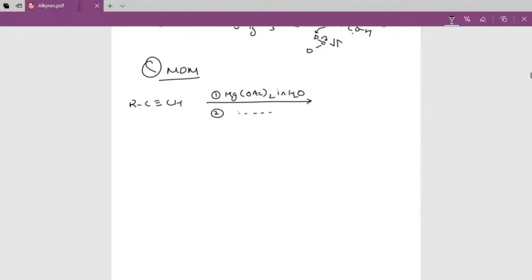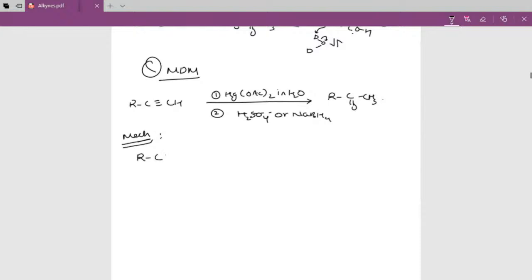If they don't give, then also, it may or may not be there. So come to this point. Let me start with its mechanism. Please remember that NaBH4 is not compulsory for alkynes. If H2SO4 is given, then also it is okay. If NaBH4 is given, it is okay. If not given, then also very good. How and why is the point.